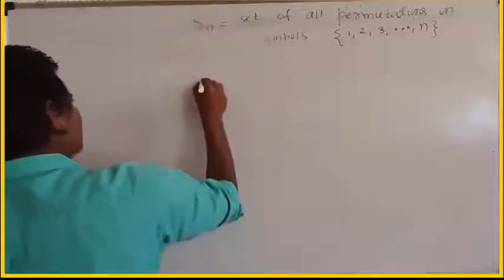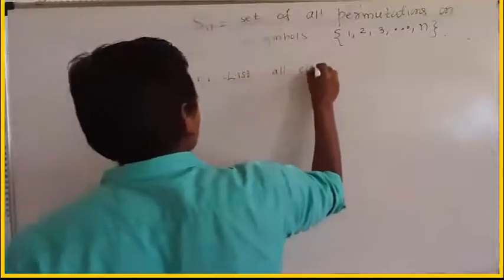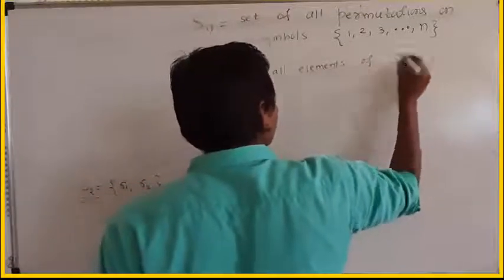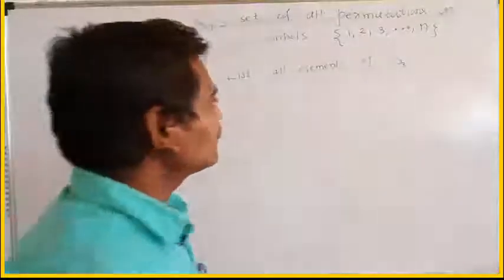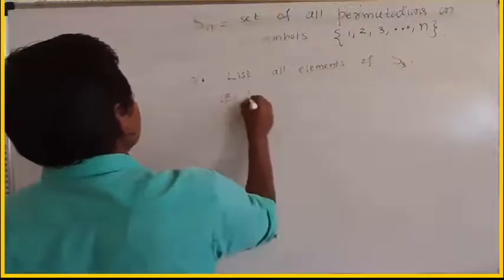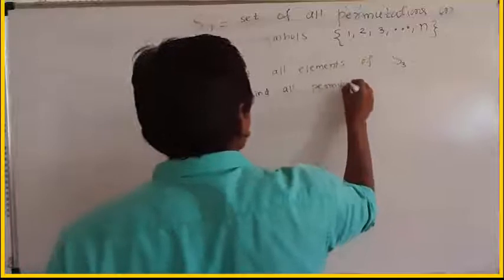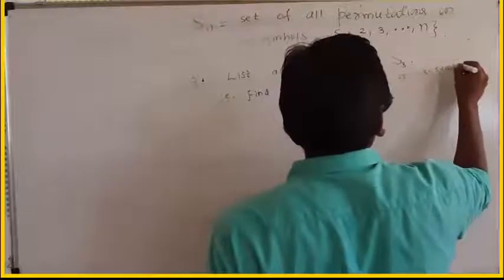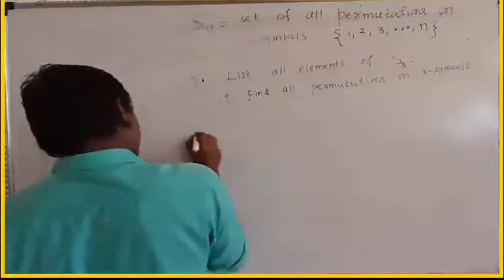Next question: list all elements of S3, that is, find all permutations on three symbols.